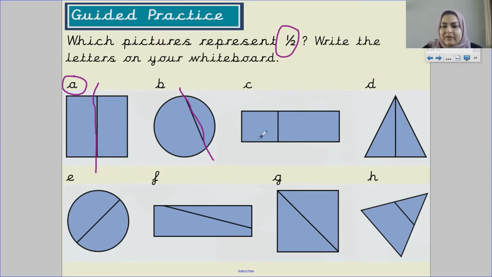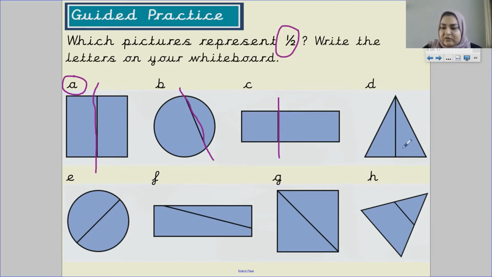Now, if you look at my rectangle for shape number C, I've got a line, but where the line is drawn is not giving me two equal parts. This part is smaller than this part, and this part is bigger than this part. Even though I have two parts, they are not equal, so that does not represent a half.